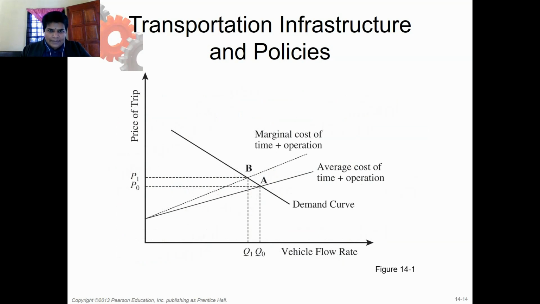These are the graphs explaining transportation infrastructure and the policies.